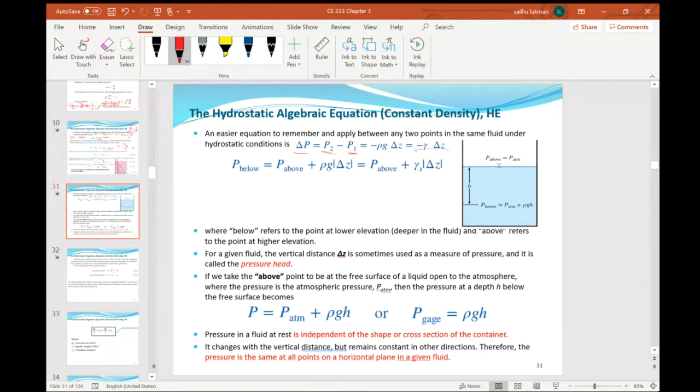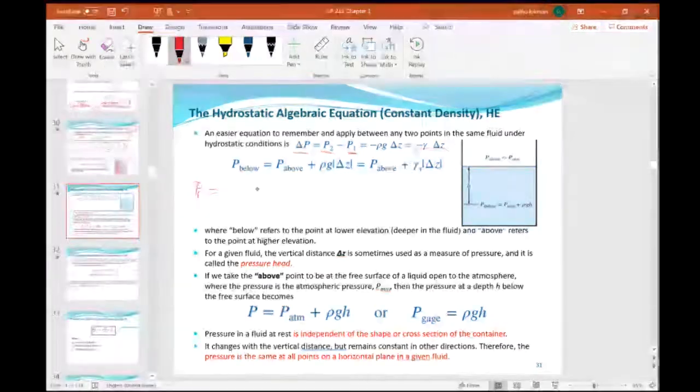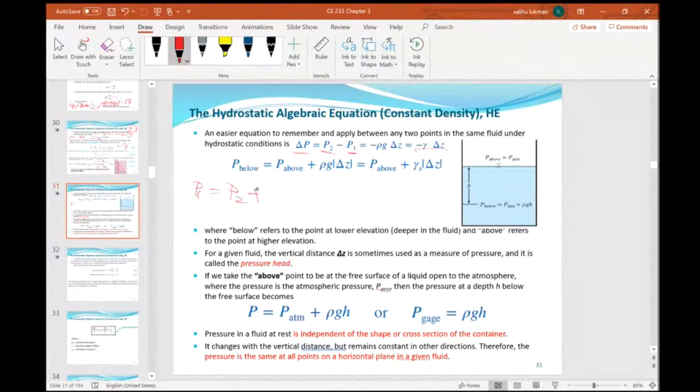So with this, what is P1? P1 is simply equal to P2 plus gamma delta Z, because P1 is the one below.